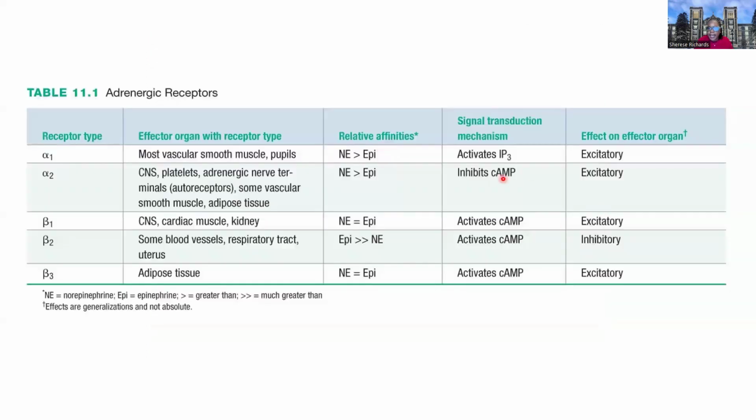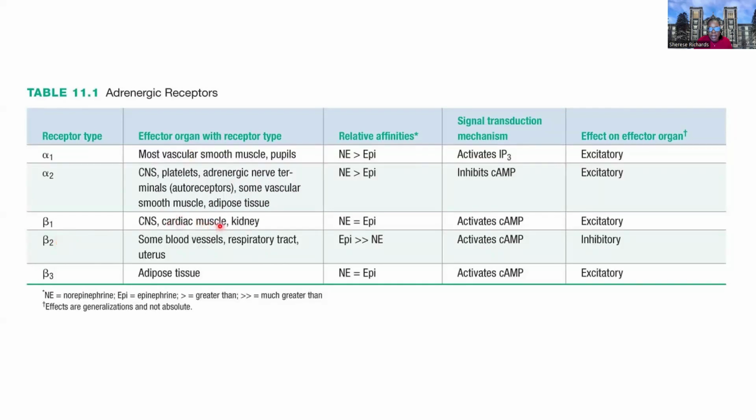Now here's a really nice condensed summary table to show you the receptor types and the tissue locations, where are they found, right? So alpha-1 on our vascular smooth muscle, alpha-2 on CNS, it's on platelets, it's on some vascular smooth muscle, but again, alpha-1 is much more abundant.